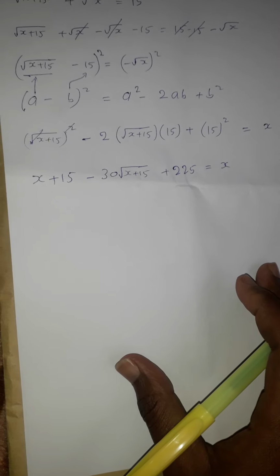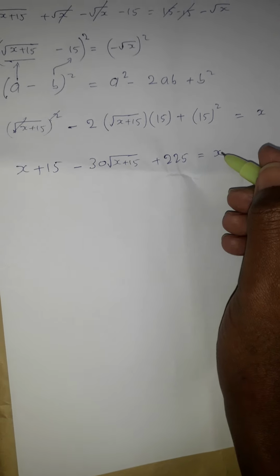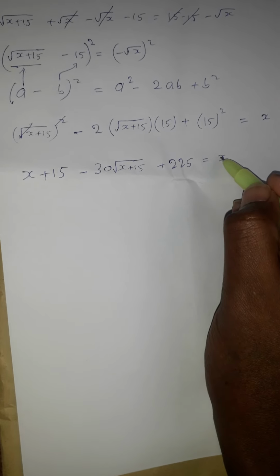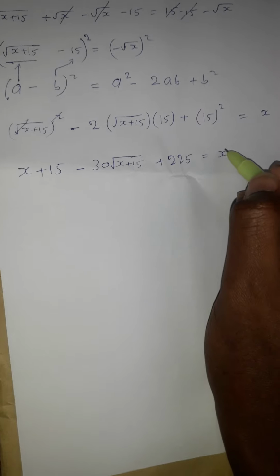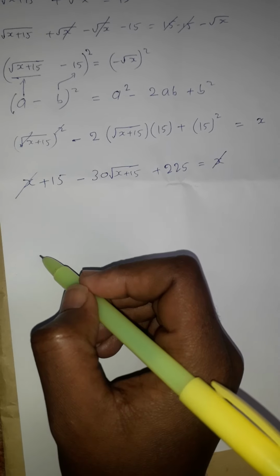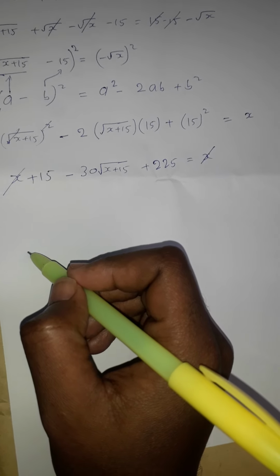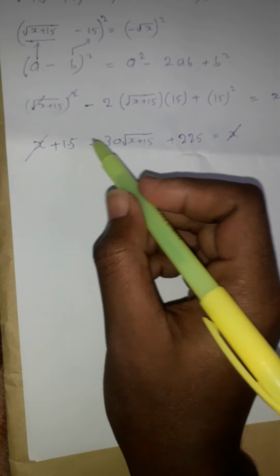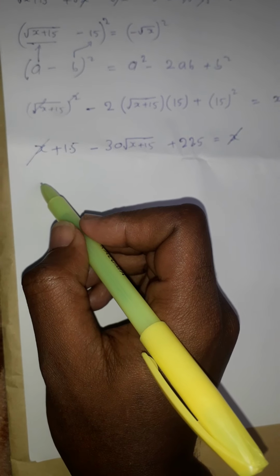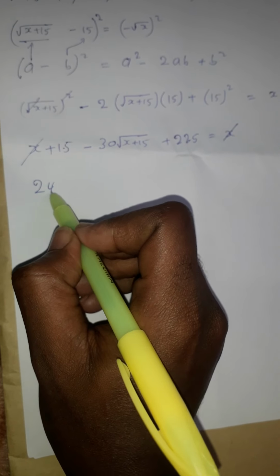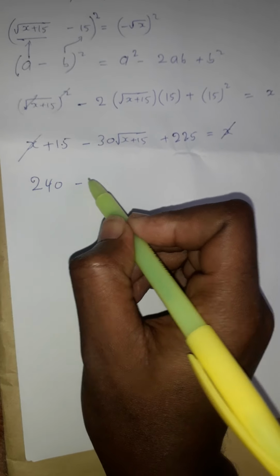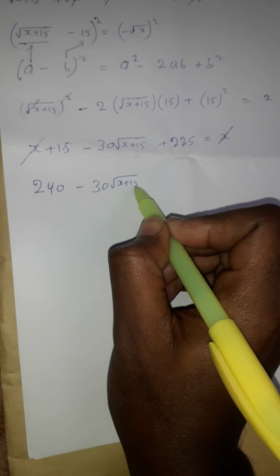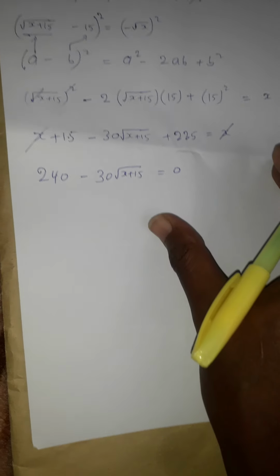You see both sides have a common term, which is x, and it has the same sign, positive, so you cancel it. Okay, you eliminate that one. So what you are left with is 15 plus 225 is 240 minus 30 times root (x plus 15) equals 0.